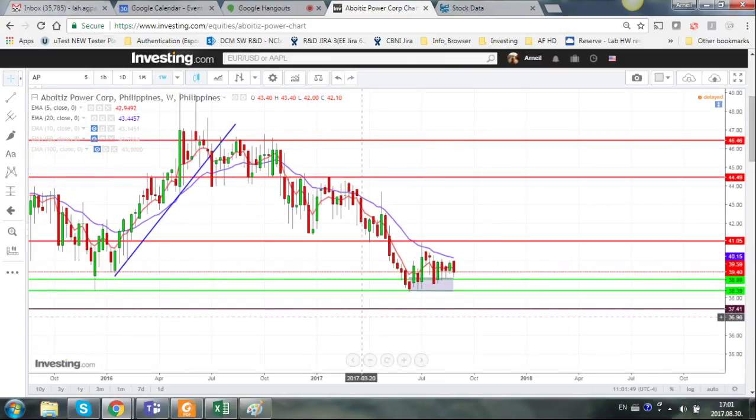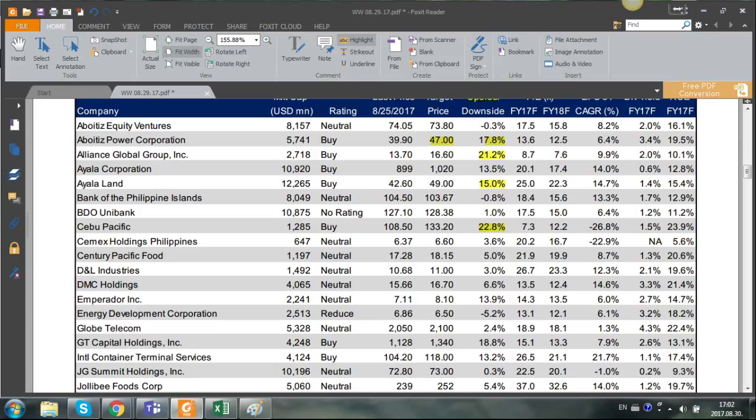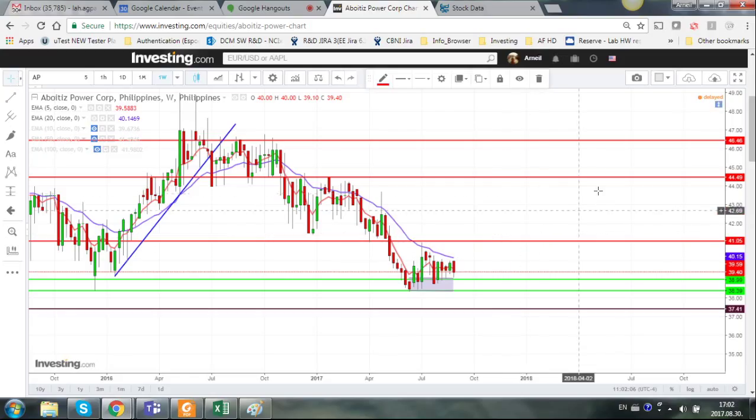Alright, so we know already when to buy. And of course, when to sell, you will use these resistances. But these are resistances. You will also refer to the target price. This is a very accurate target price, 47. If this is resistance 44, that is not our target price. It can be considered, but the most considered is this, near 47.